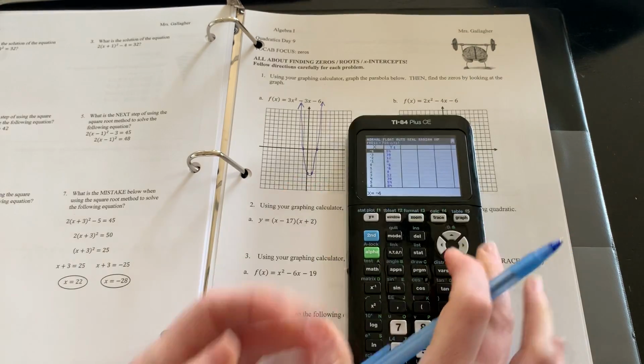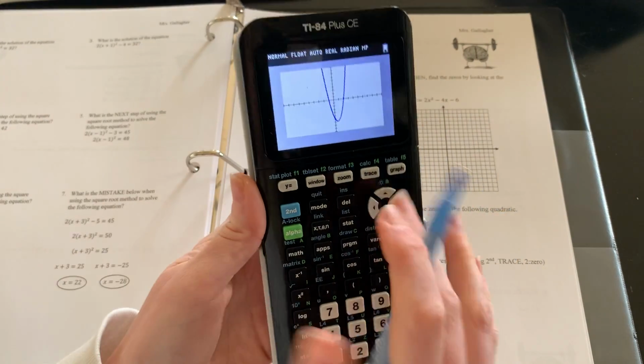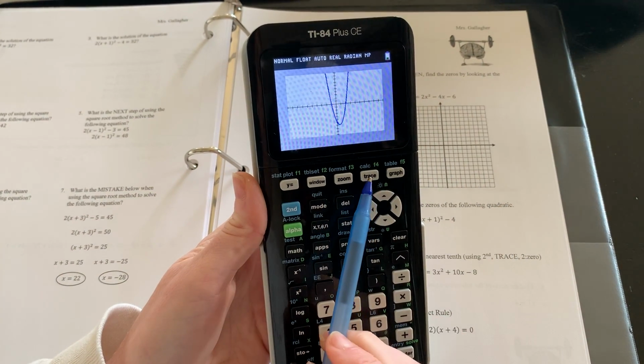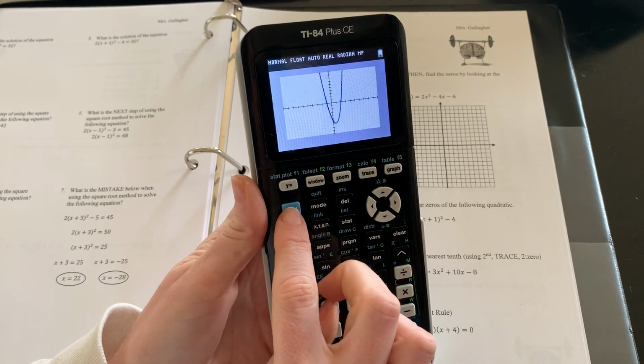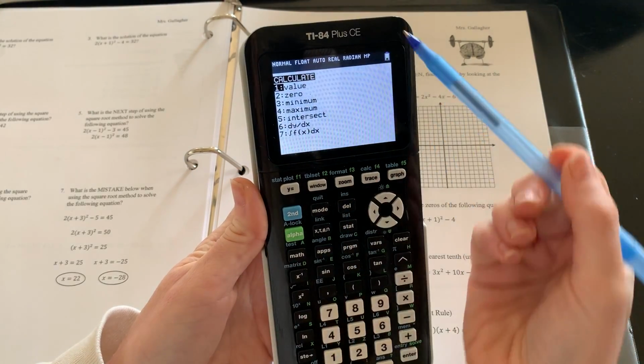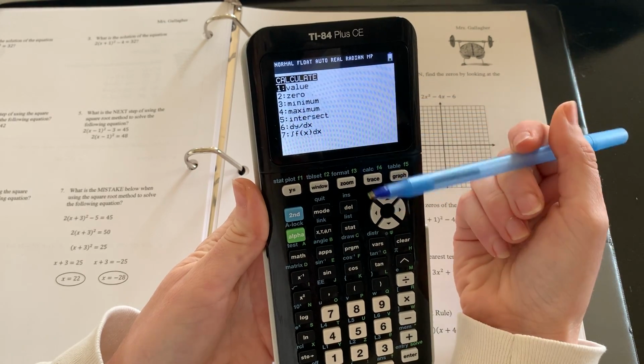So you'll still want to draw it that way. If I look at my graph, if I actually wanted to know the point that's a low point, remember we can investigate in our calculator some of the features of graphs. So we press second trace, and there are some features that you might want to find.